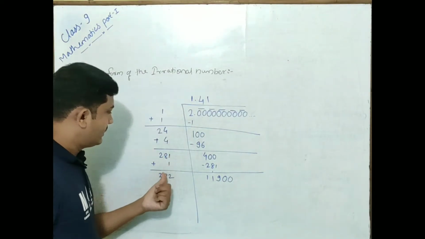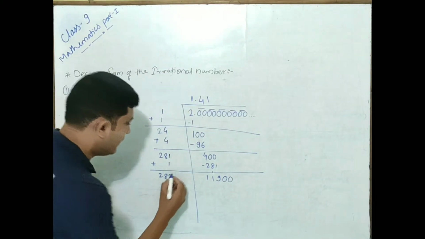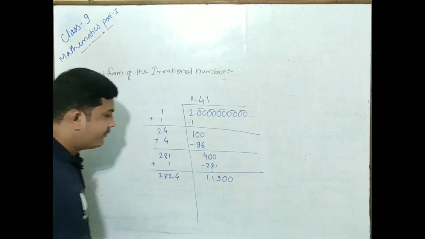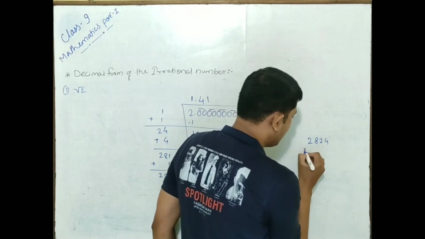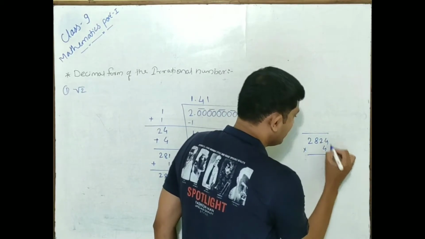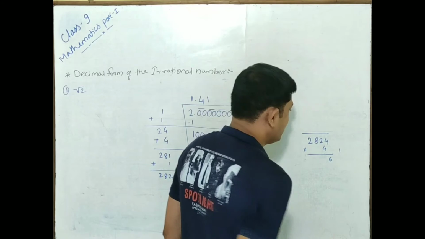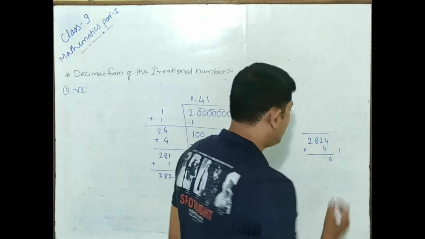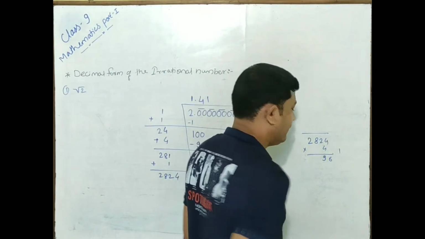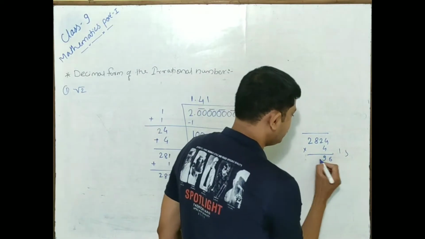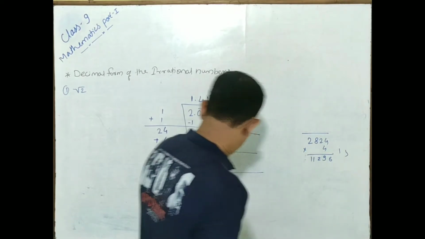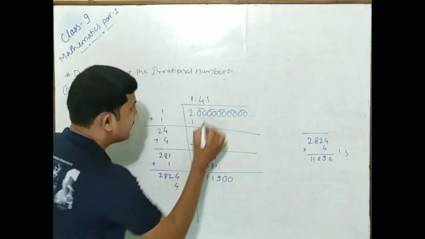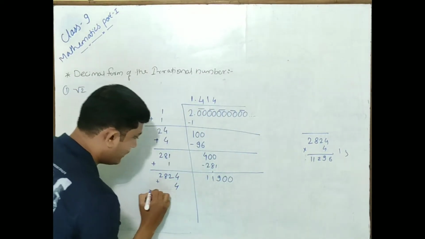Now take here 4. If we multiply 2824 by 4, we get 4 times 6 is 24, carry 2, 4 times 2 is 8 plus 2, 10, 4 times 8 is 32, 4 times 2 is 8, 8 plus 3, 11. That is, we multiplied by 4. So what do we get?